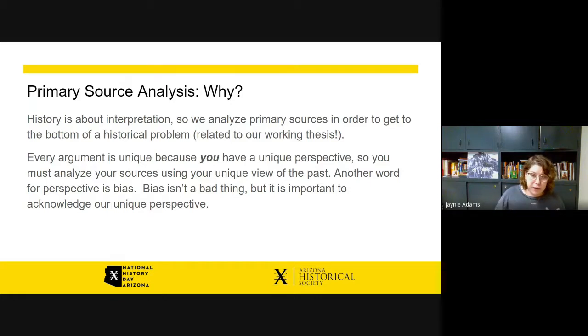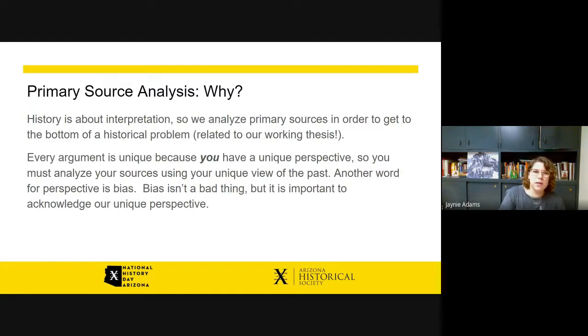Another word for perspective is bias. And I've said this a million times: bias is not inherently bad, but it is important to acknowledge your unique perspective and how it can change the way that you think about things.